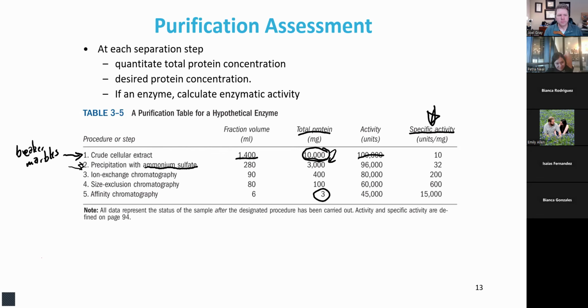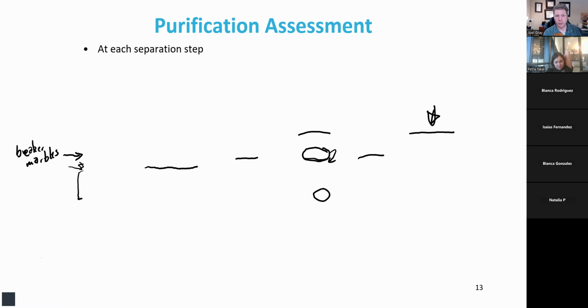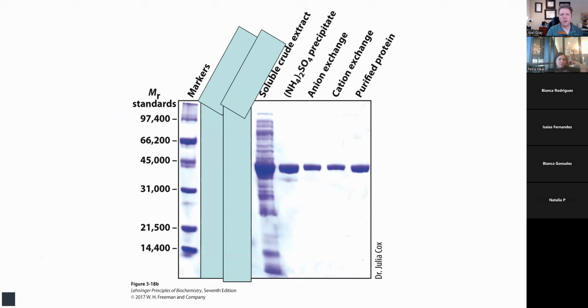Okay, so after that ammonium sulfate precipitation, that's where we get into our different chromatography techniques. Ion exchange, size exclusion, and affinity chromatography. Now, I want to take a step back to give you a visual here. I blocked out a pair of the columns on this gel because they're not really relevant to this.